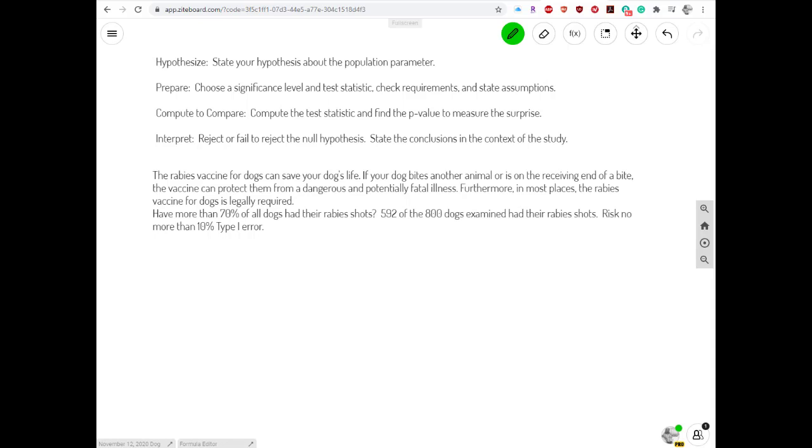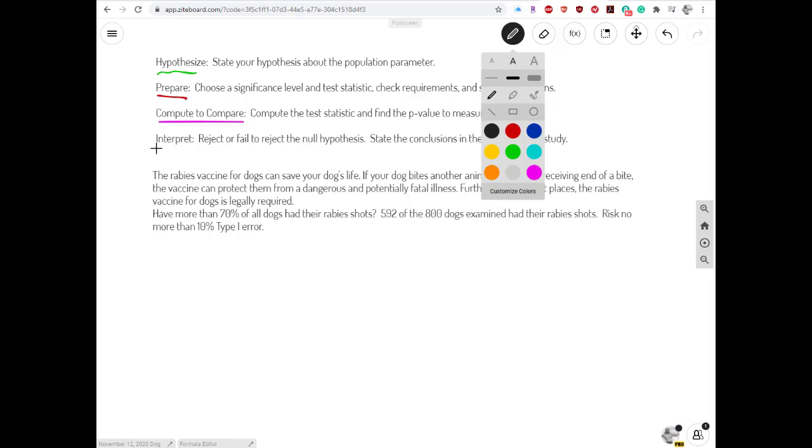And if you recall, green is the color that I've been using for hypothesize. Red is the color that I've been using for prepare. This magenta pink color I have been using for compute to compare, and then I've been keeping interpret in black. Okay, let's see what we've got here.